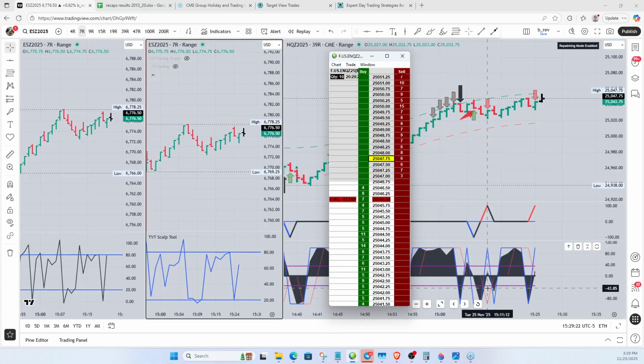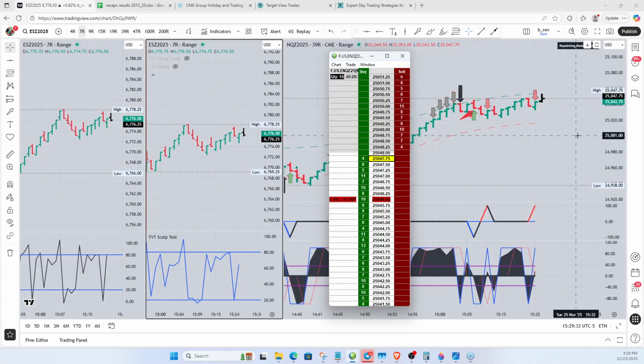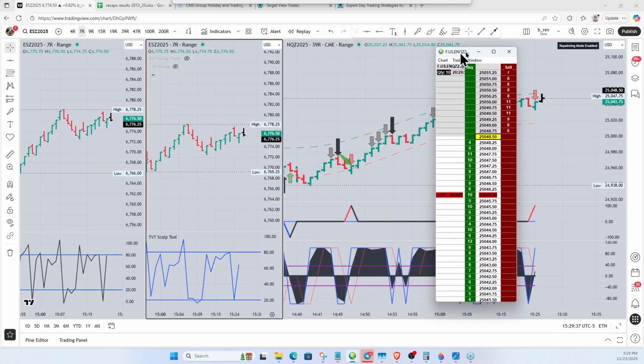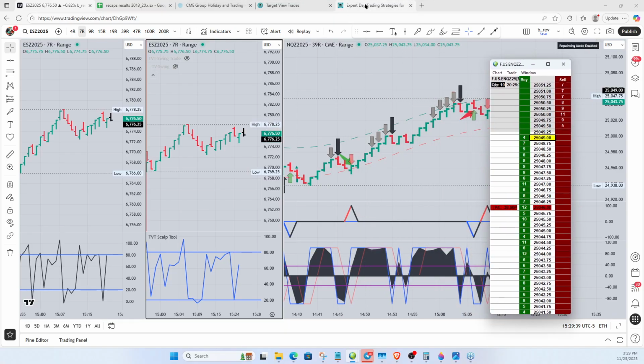On setting up the DOM for doing this, Bob? I have all this stuff all set up for you if you're using the Sierra DOM. As far as the actual brackets go and stuff like that, yes, all that stuff is available.